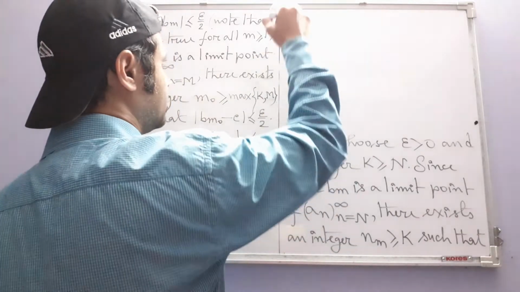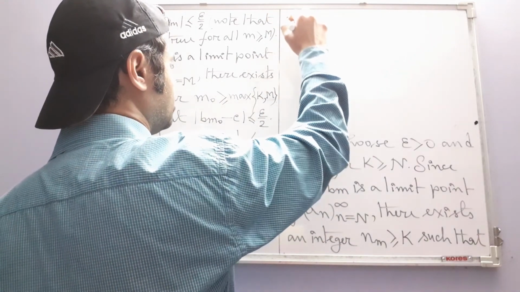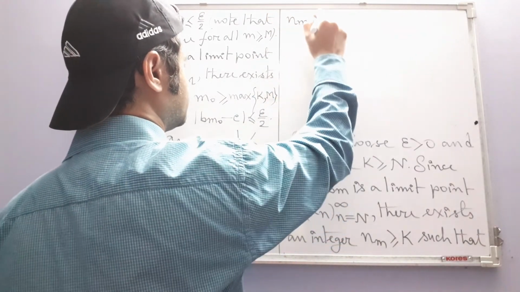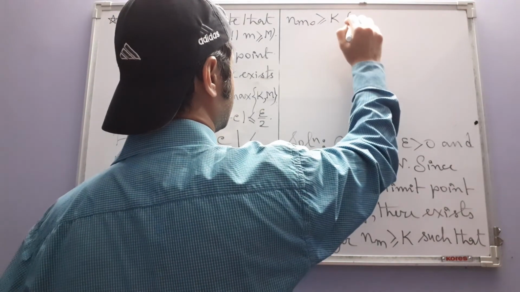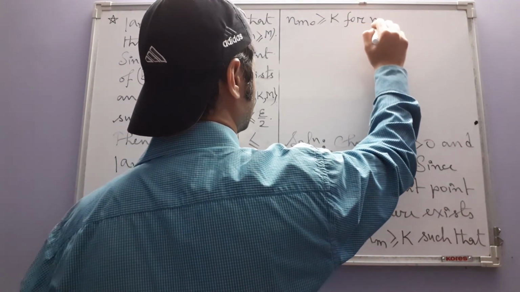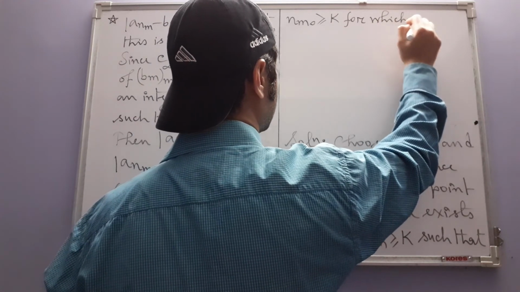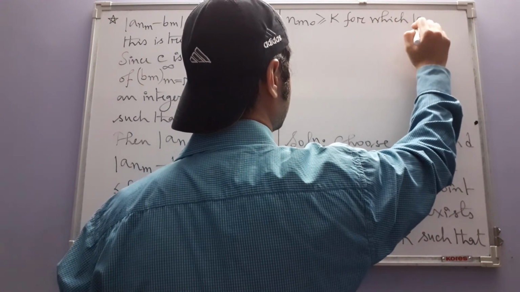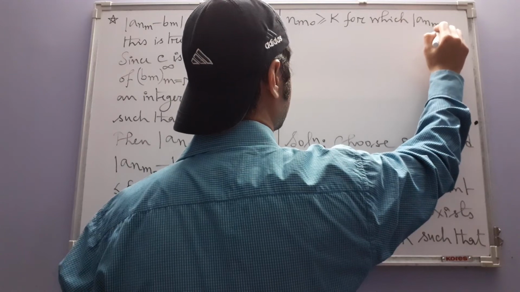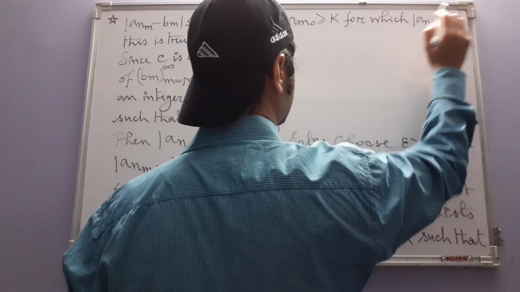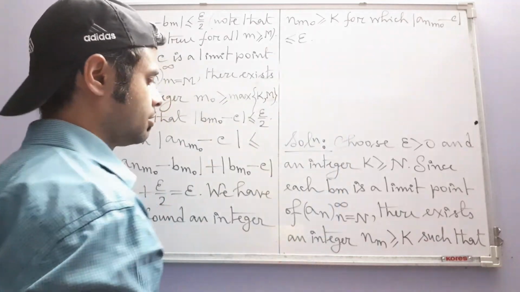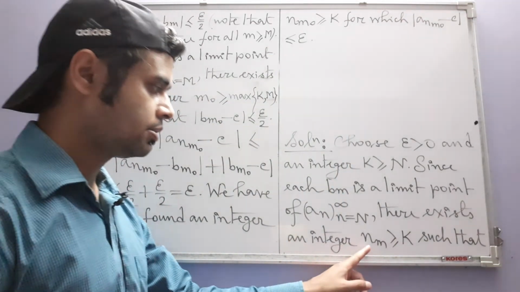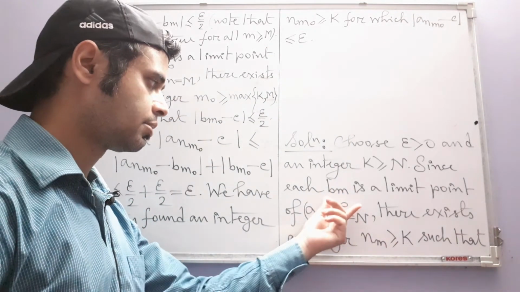An integer n m naught greater than or equal to k, for which this distance is less than or equal to epsilon. Do you see how this is coming?